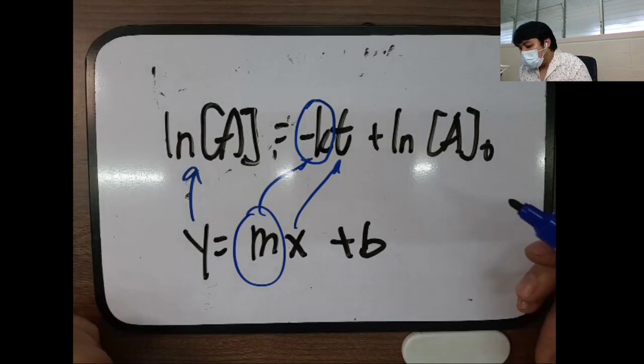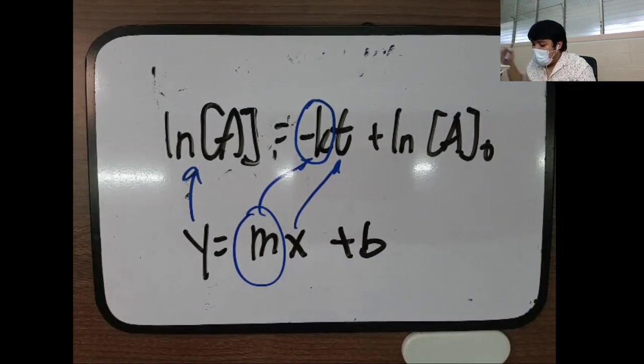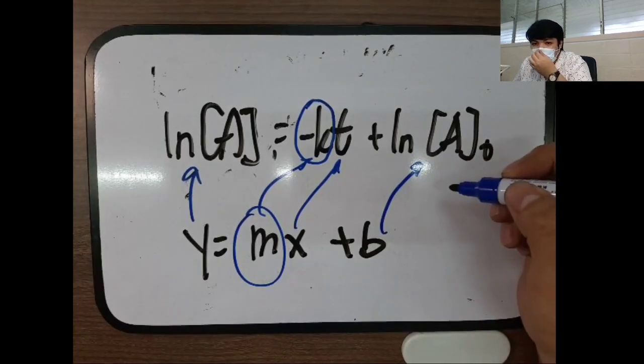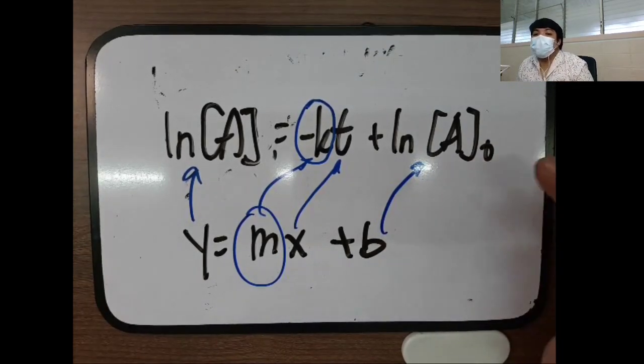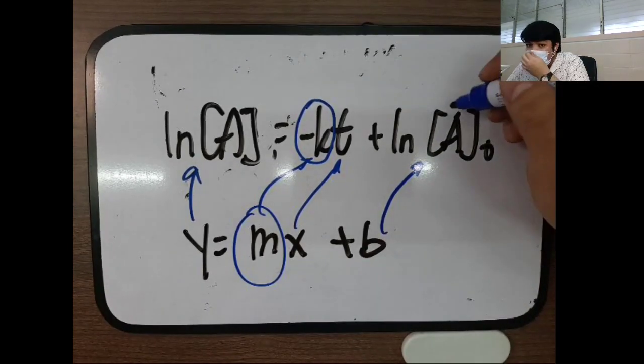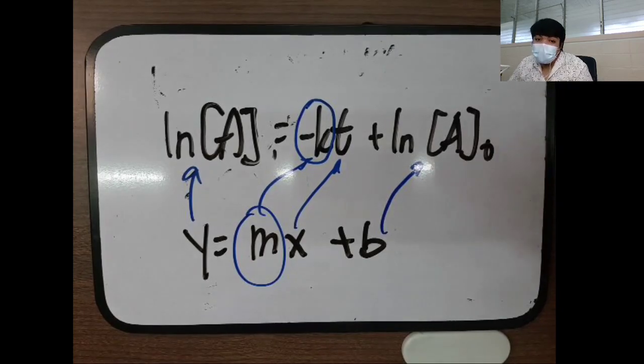Your y-intercept will be the natural logarithm of the initial concentration of the reactant in the first order reaction.